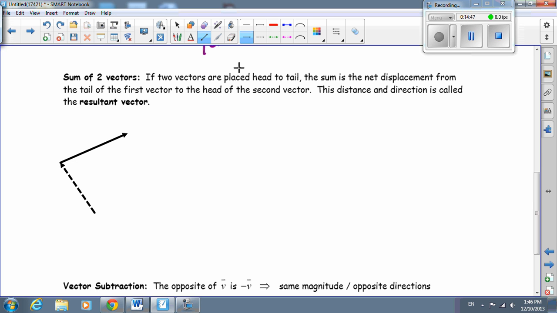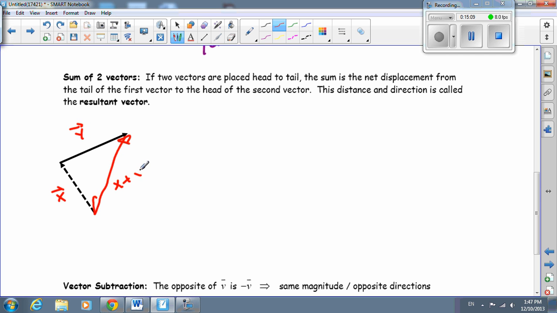So if I want to combine these two, my answer is just the net distance from the tail to the head. So if this is my X, this is my Y, this one will be my X plus Y.